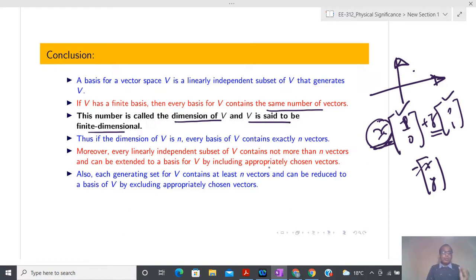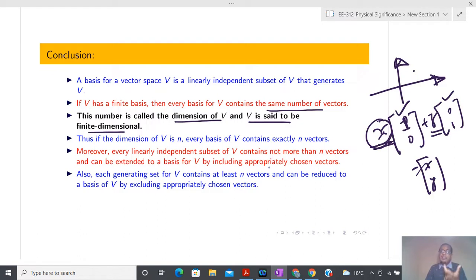Whenever we are talking about independent vectors, we are saying there are no extra vectors. Whenever we are talking about spanning a space, we are saying I have enough vectors to span the whole space. And whenever we are talking about a basis, we are saying not too many, not too few.